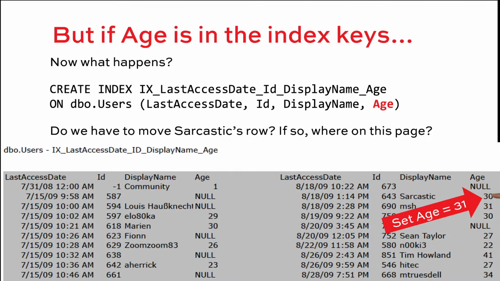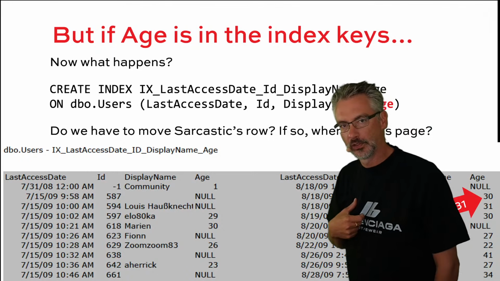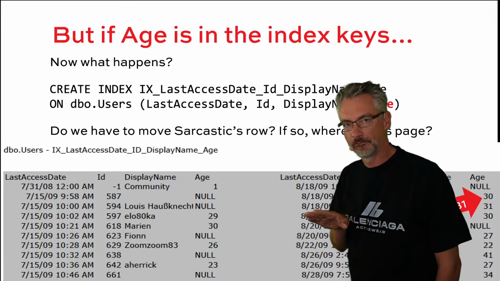If I change his age from 30 to 31, where does he move to? Where does his row magically move to? It doesn't move. It doesn't move at all.